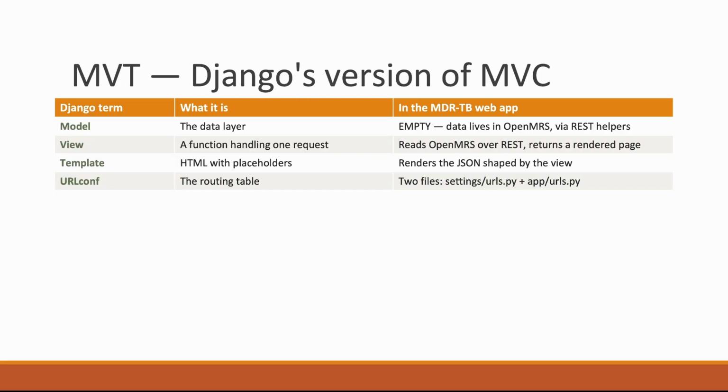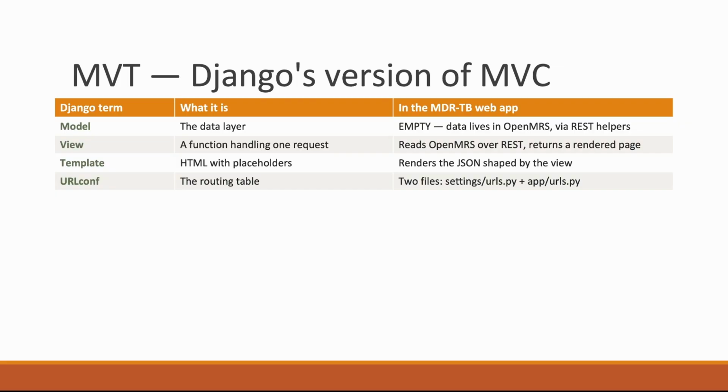We are not persisting anything. We don't have a database at all. Everything, the storage, the backend, is handled by OpenMRS. This Django application does not store anything directly into any database. That's something to bear in mind. Which is why the model is empty.